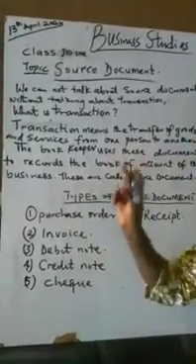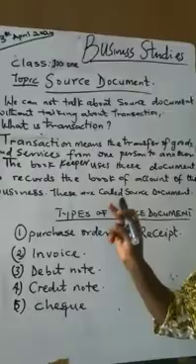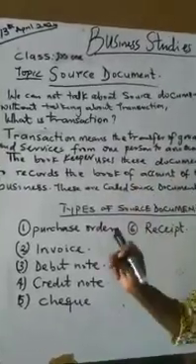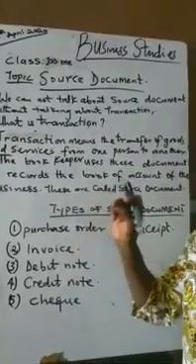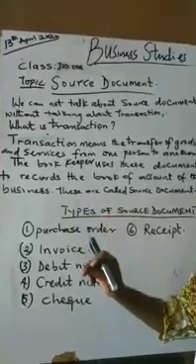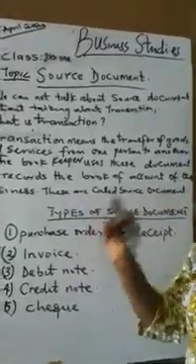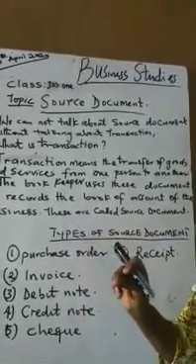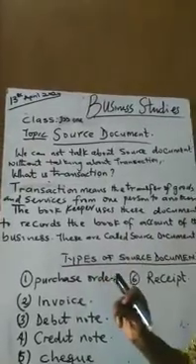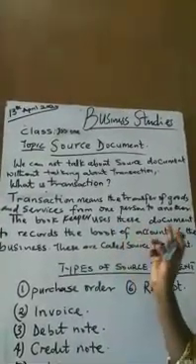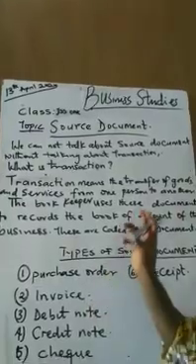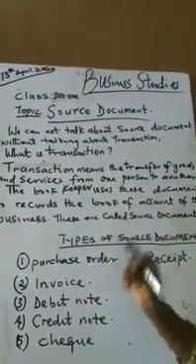We cannot talk about source documents without talking about transactions, because it is the process of transactions that requires the documents we're talking about. What is a transaction? Transaction means the transfer of goods and services from one person to another.